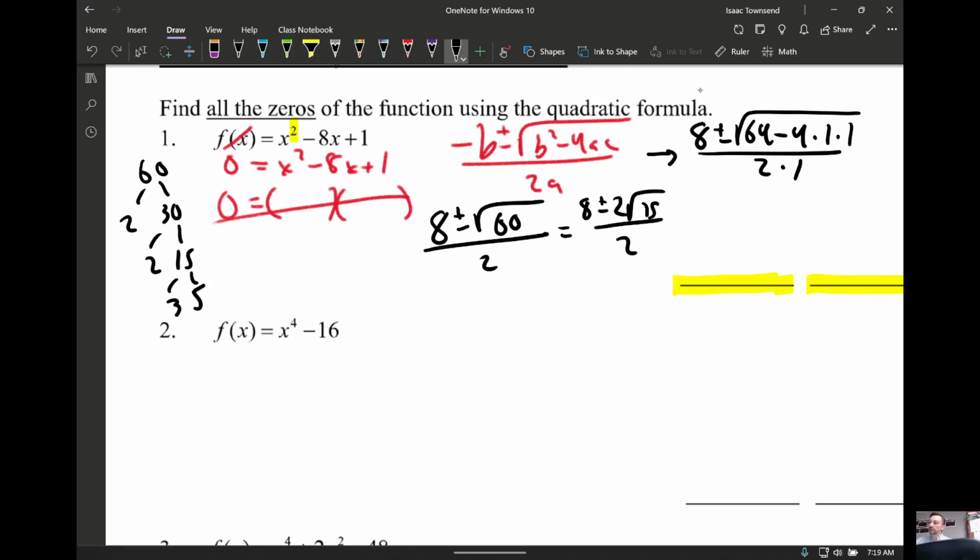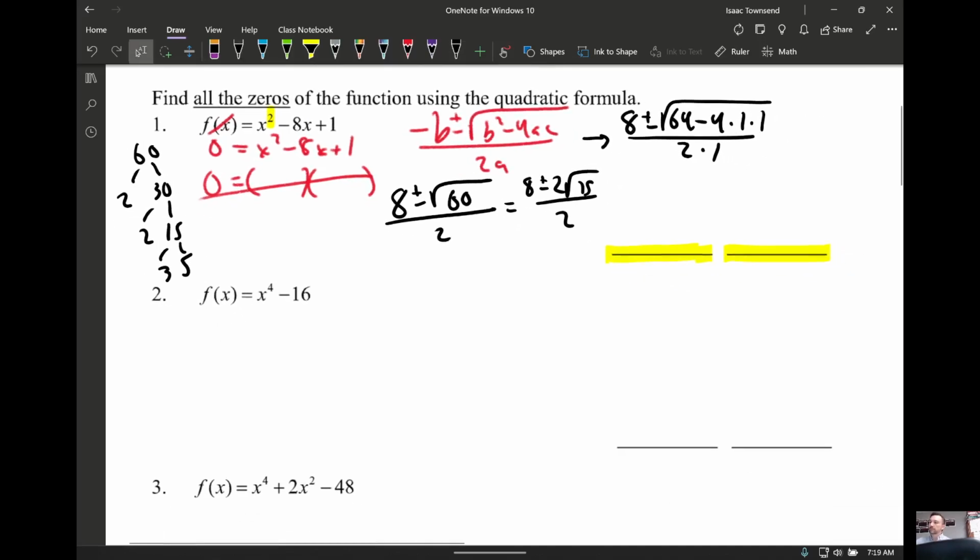So this leaves us 4 plus or minus 1 square root of 15 over 1. So 4 plus the square root of 15 is 1 zero, and 4 minus the square root of 15 is the other zero. But quadratic, so there's 2 solutions. 2 zeros.